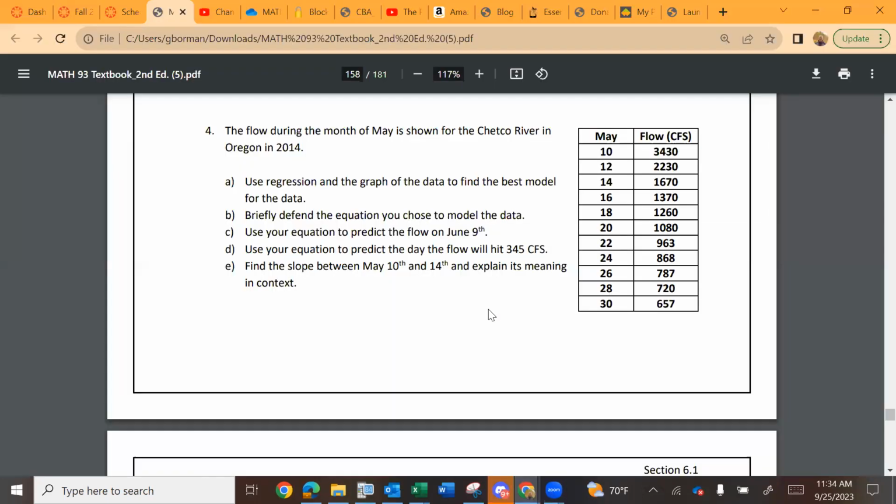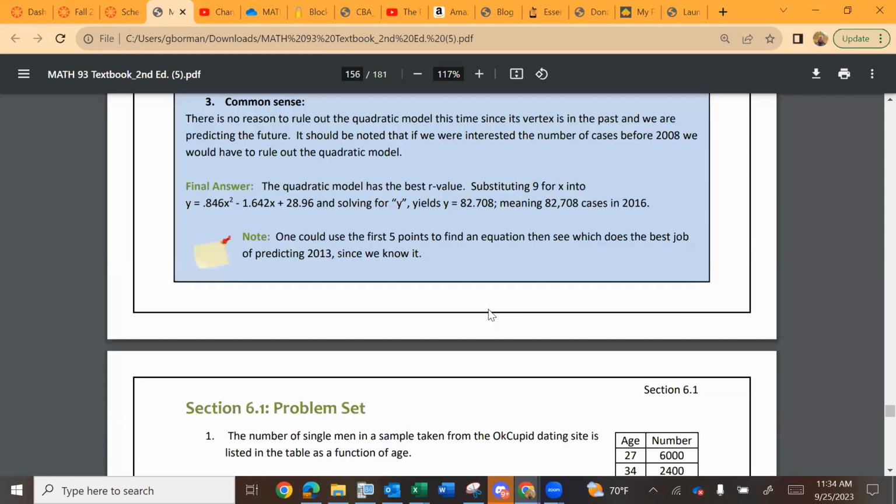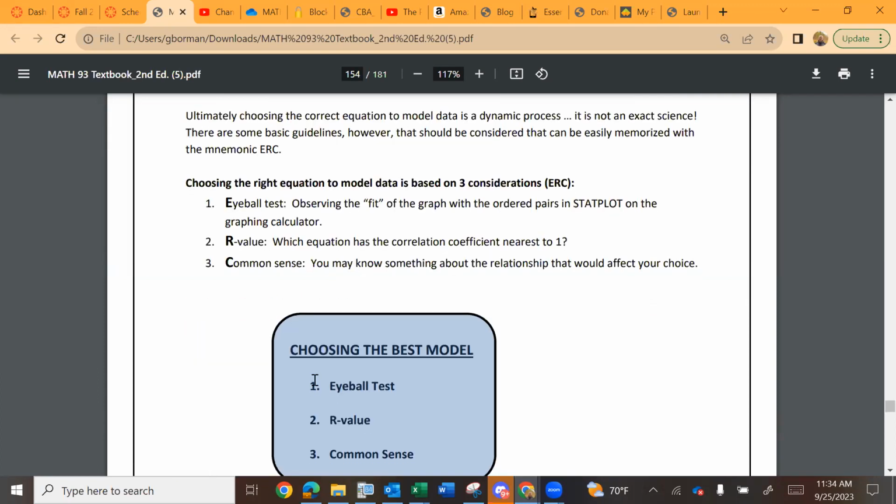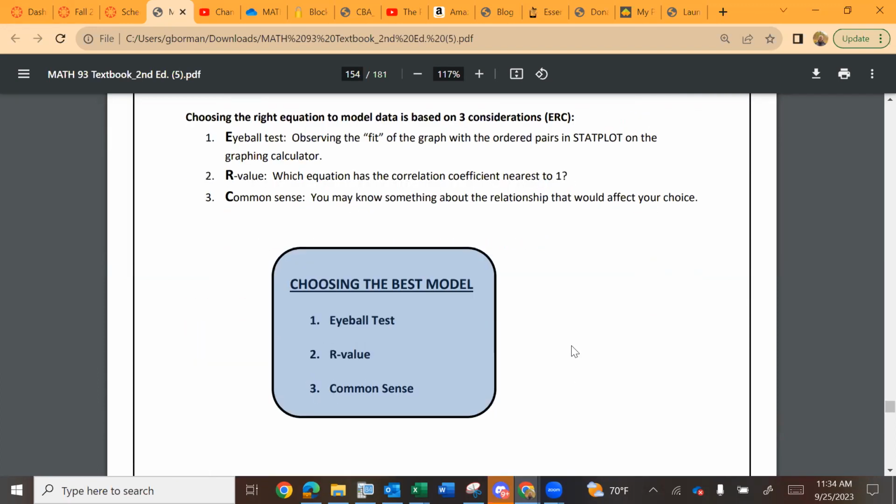So in order to understand that a little more, the author gives us this cool little checklist. In this section, he says, all right, we got three main tests for determining a good model. And sometimes it could go either way, it could be power or it could be quadratic, or something.